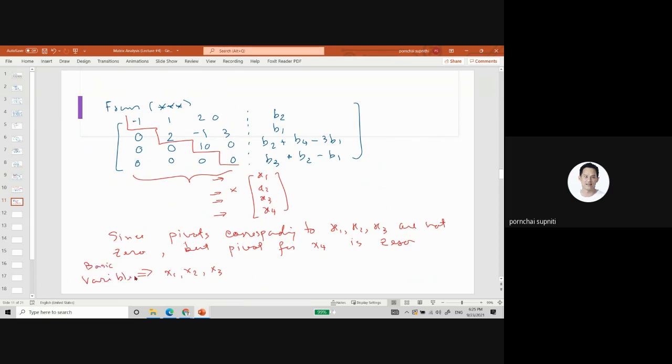Then we will call x4, which corresponds to the 0 pivot, a free variable, meaning that it can be anything. So this is what we will do.